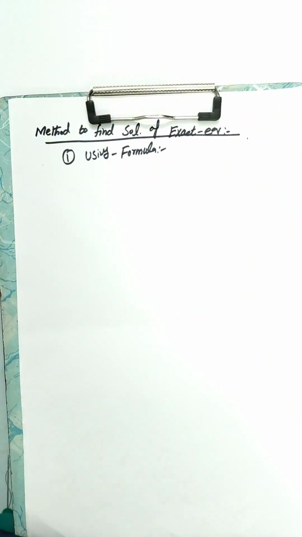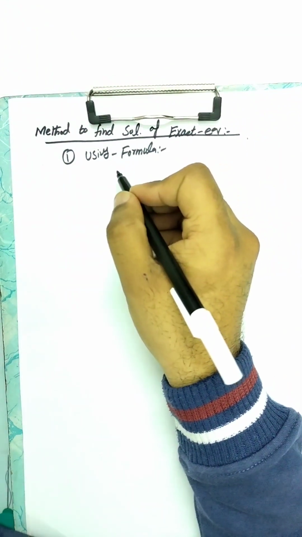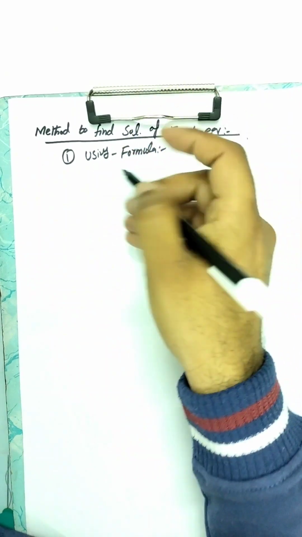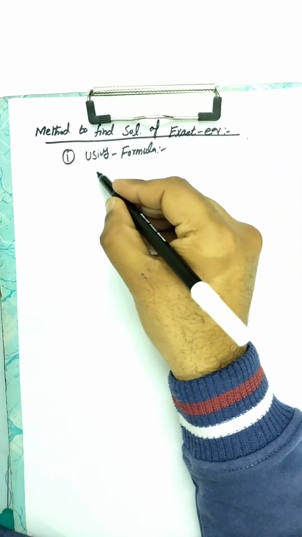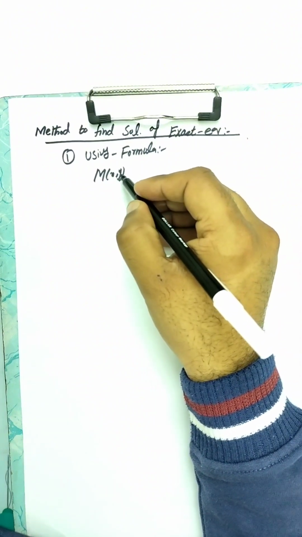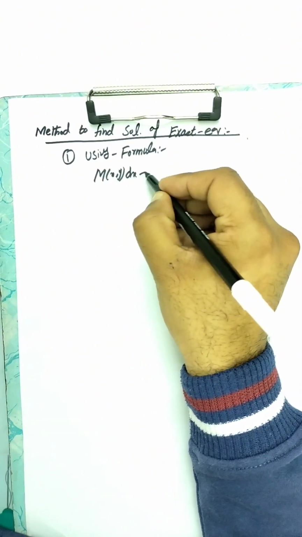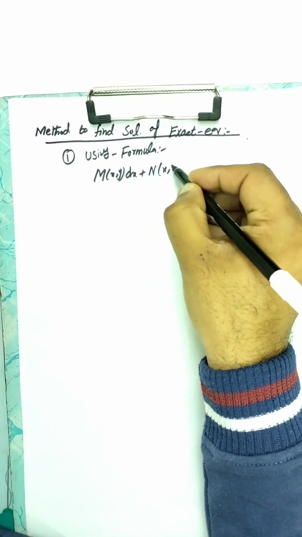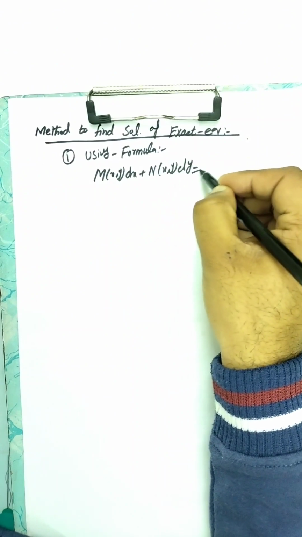So first we write our exact equation. That is the general form M of xy dx plus N, a function of xy, dy is equal to 0.